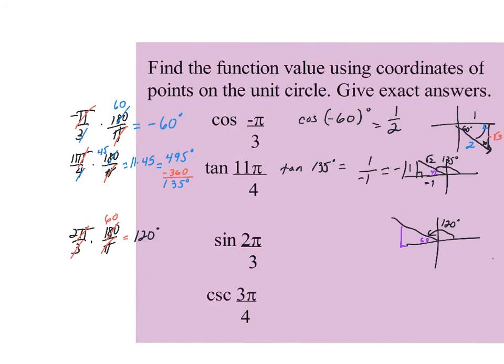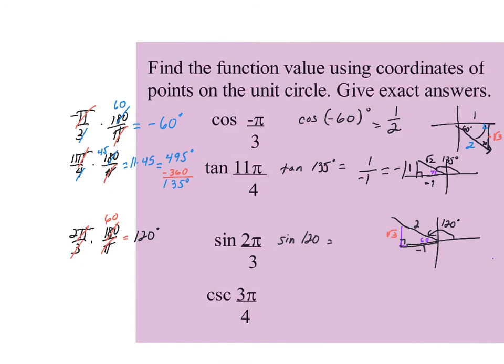Always across from a 60 degree is the radical 3. Here's your right angle, a hypotenuse of 2, and Pythagorean theorem would say this is 1. Again, because we're in quadrant 2, from the x-axis going backward to the point of the reference would be negative 1. So I'm really finding the sine of 60 in quadrant 2, which is the same as sine of 120.